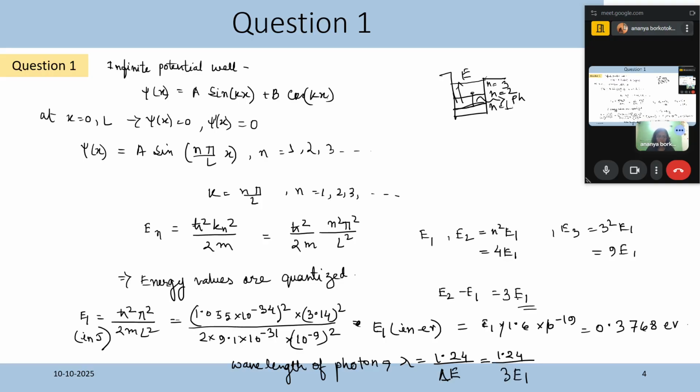This much energy is emitted when an electron moves from n equal to 2 to n equal to 1. Here we get lambda in micrometer if we use this expression, so this will be around 1.1 micrometer. Okay, this is the value.